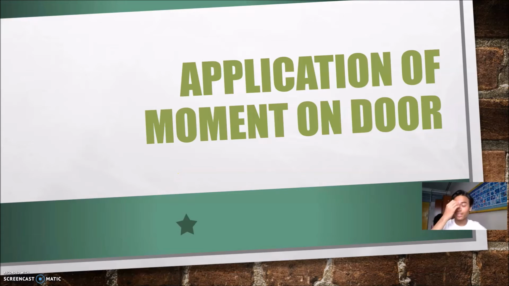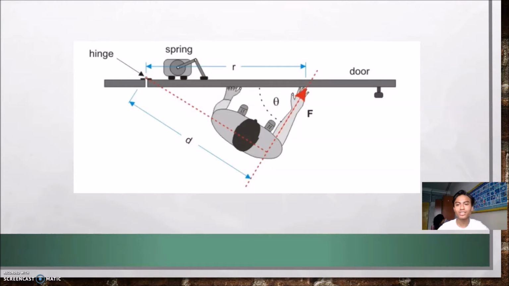Hello guys. My name is Idris Fahmi and I'll be talking about the application of moment on a door. As you can see in this picture, as the person applies force with magnitude F, the turning effect of the door depends on the magnitude of force and the perpendicular distance between the line of action of the force and the pivot, in this situation the hinge of the door.